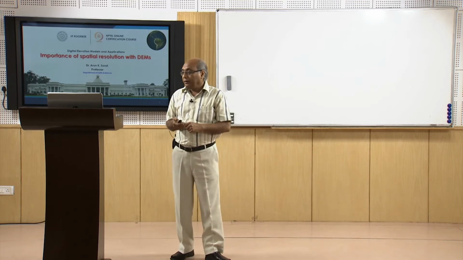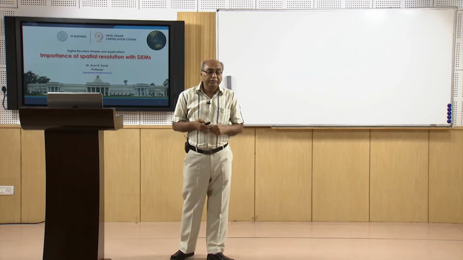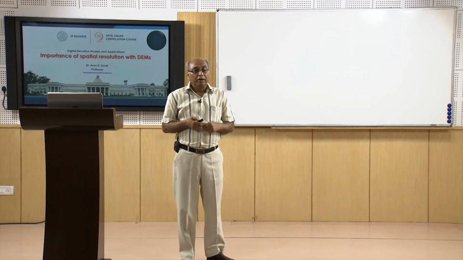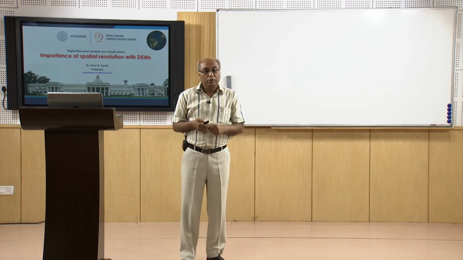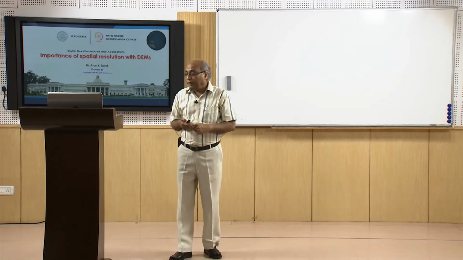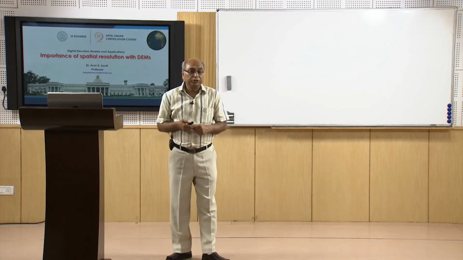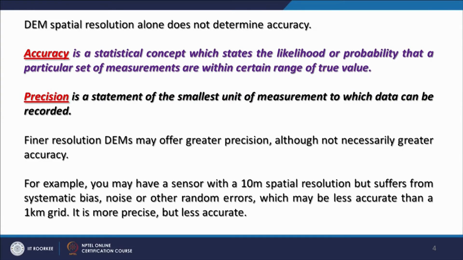So overall, the accuracy or quality of a digital elevation model also depends on these two parameters, accuracy and precision. For example, you may have a sensor with a 10 meter spatial resolution but it suffers from systematic errors, noise or random errors, which may be less accurate than a 1 kilometer grid. It is more precise but less accurate.